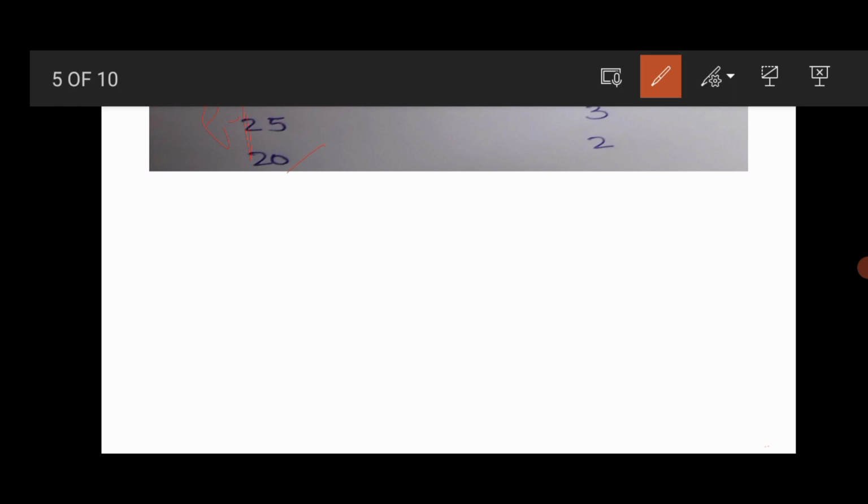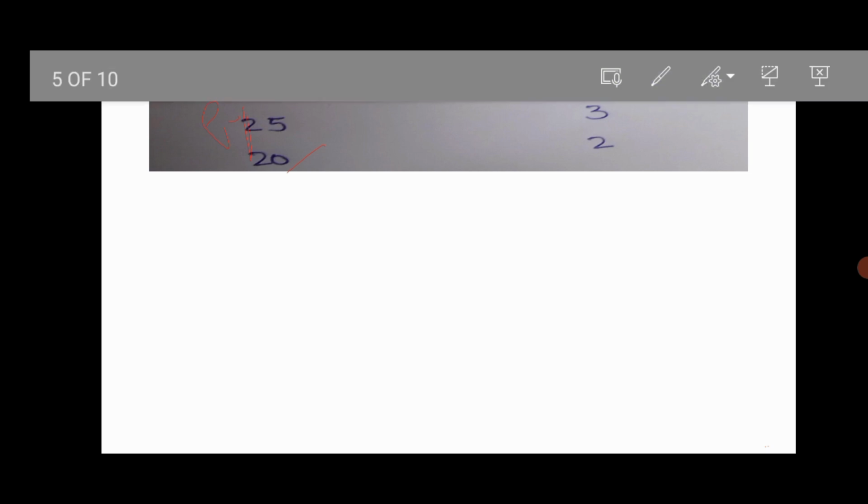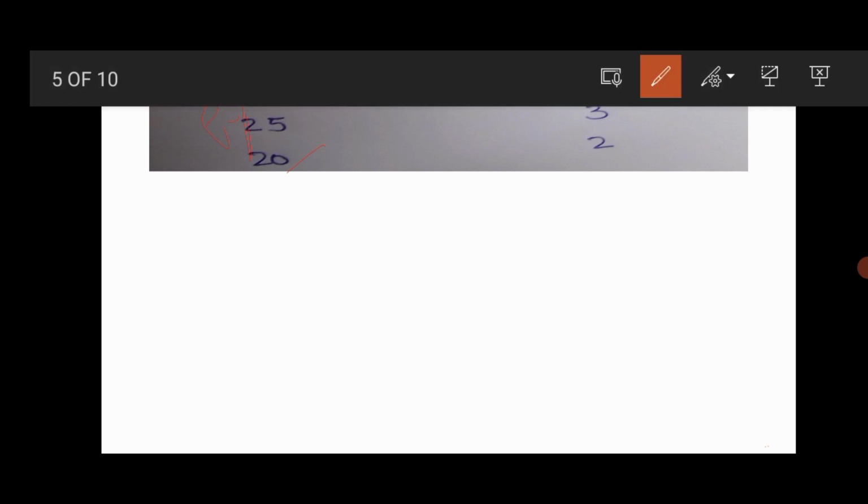And we can see that the quantity demanded of X is initially 3, so that is our Qx. Then the quantity demanded has also declined, and it becomes 2.